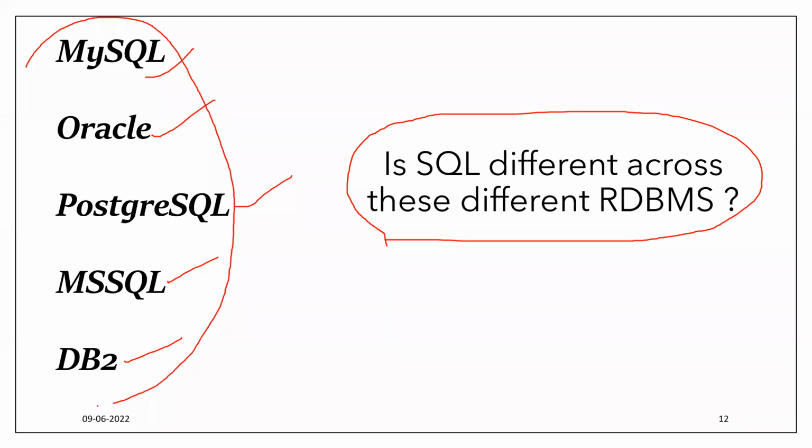But why are so many RDBMS products available in the market? Take PhonePe, which was introduced to transfer money from one account to another.